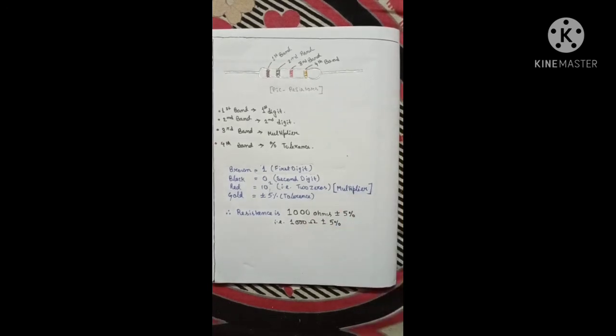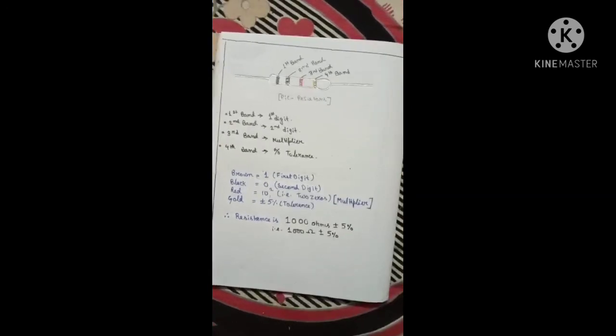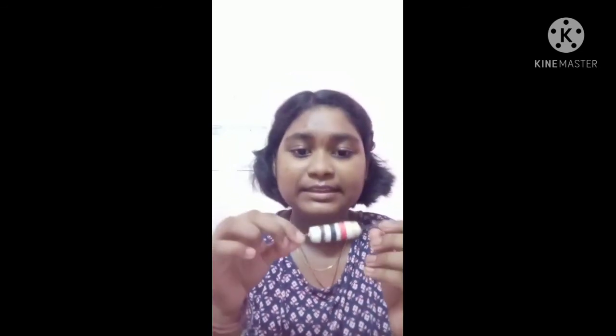Now let's see the clay model. So we have discussed the two diagrams of the resistors, and I have made the clay model for the second diagram's resistor. This is representing the resistor of the second diagram, which has 4 bands.